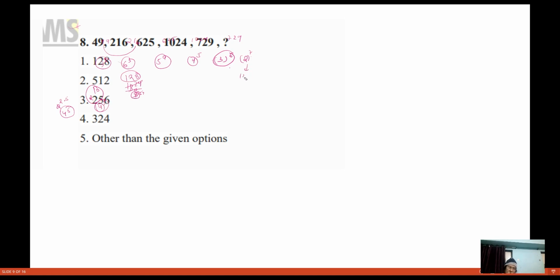I get 128 here. I hope everybody is clear with this. You can also multiply, no problem with that: 2 into 2 into 2 into 2 into 2 into 2, 7 times.